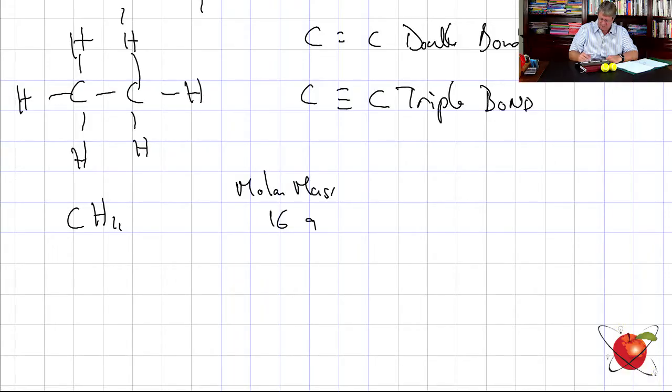It's element number 6. Molar mass is 12. So what is then the molar mass of this? It is 12 plus 4 is 16 grams per mole. But now what if I've got C2H6? The molar mass of that is going to be 24 plus 6 is 30 grams per mole.